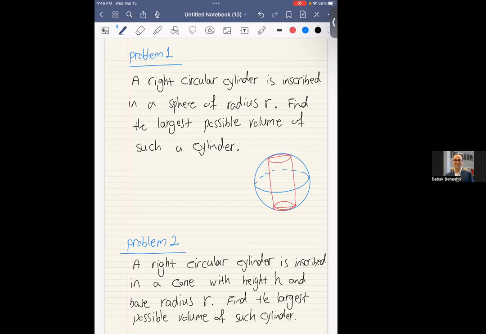So here, this time, you have a cylinder sitting inside a cone, inscribed in the cone. We can also draw a picture: this is my cone, and you have this time a cylinder, for example, like this.